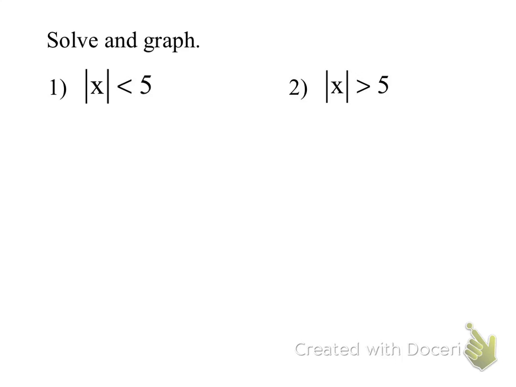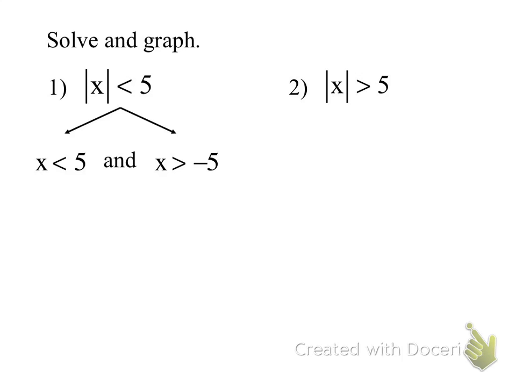Okay, is this an and or an or statement? Number 1. Everybody. It's an and statement. Okay. Why? Less than. Okay. So, as I go to graph this, I'm going to set it equal to x is less than 5, but then I have to set it equal to the opposite, so I have to switch the inequality sign around.